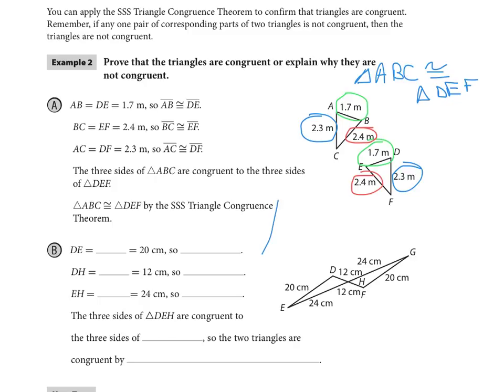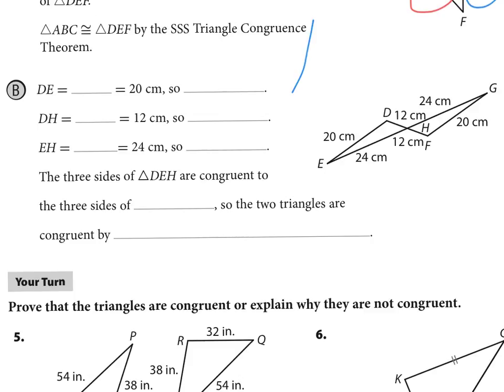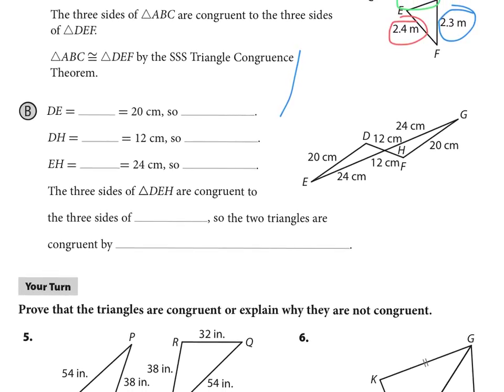And we can look down and do B. Okay, which looks a little bit more confusing, but it's not. So I'm going to look for my first side. So this side right here, DH, is congruent to HF.